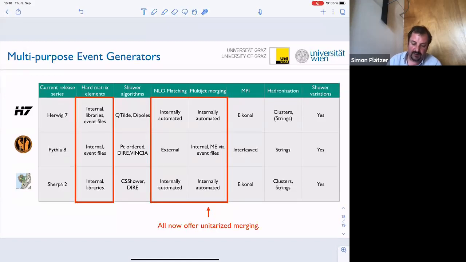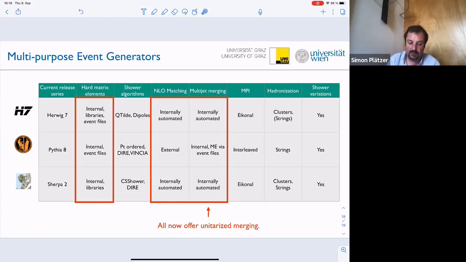All of them have facilities to perform multi-jet merging at next to leading order, and all of them now offer unitarized merging, which I think was first proposed for Pythia and Herwig 7, and then first implemented for Pythia, and later on for Herwig 7 with some improvements.